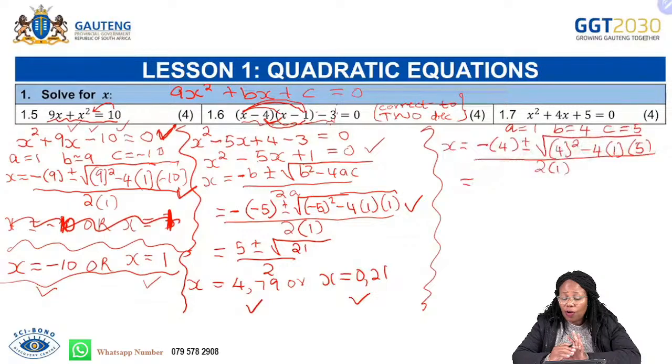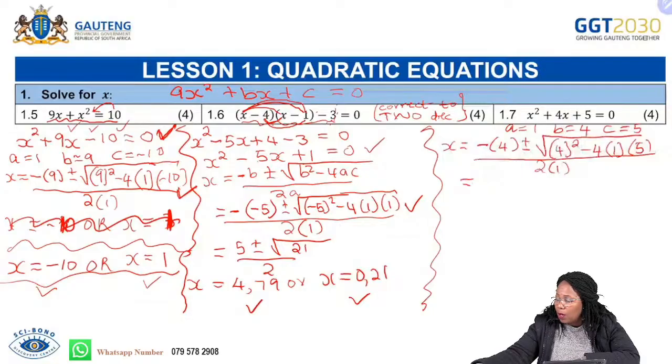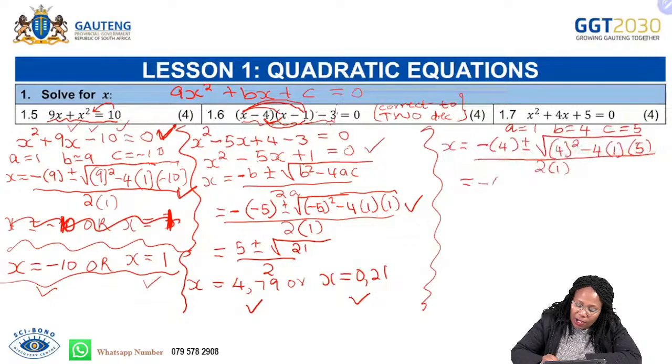And then now grade 12, when you put this into your calculator it is saying error. Remember, your calculator is not on a complex mode, right? It's on a degree mode. So when you put this in your calculator and it shows error, then you need to check inside the bracket. It might be the square root of a negative number. Now with your Tech Math, you'll be bringing in your complex calculations. Then this one is giving us minus 4 plus minus the square root of negative 4 over 2.